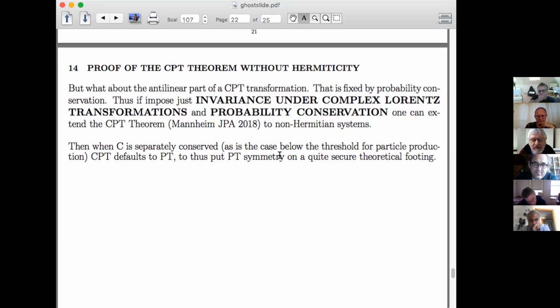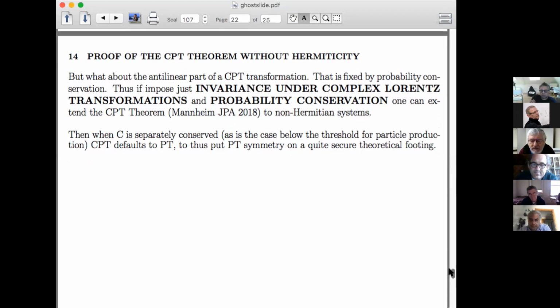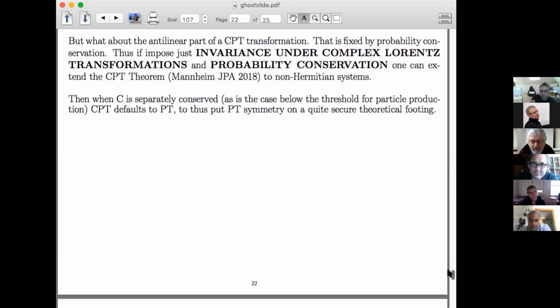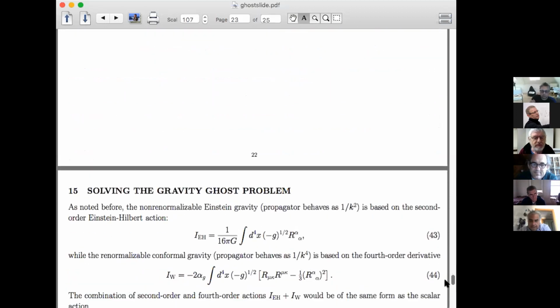And so PT symmetry is now on a very secure theoretical footing. It has two ingredients: invariance under complex Lorentz transformations, probability conservation, and take the non-relativistic limit where you're below the threshold for particle production. And so PT symmetry in that case is preferred over any other theory.